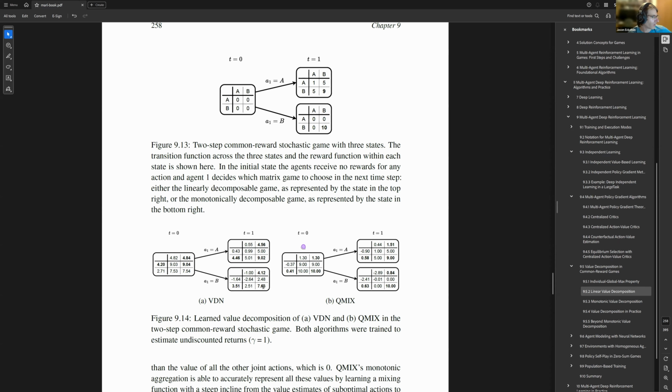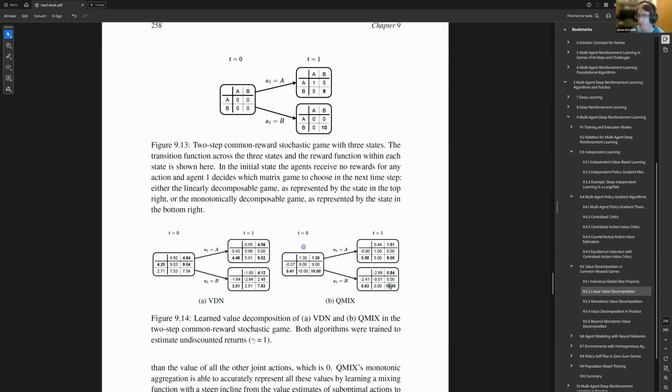So even though the action selection here is correct for this game, now because this is a multi-step problem, starting from this state, VDN thinks that this is not as good as this because the optimal joint action value is lower, because this value is incorrect. It should be 10.